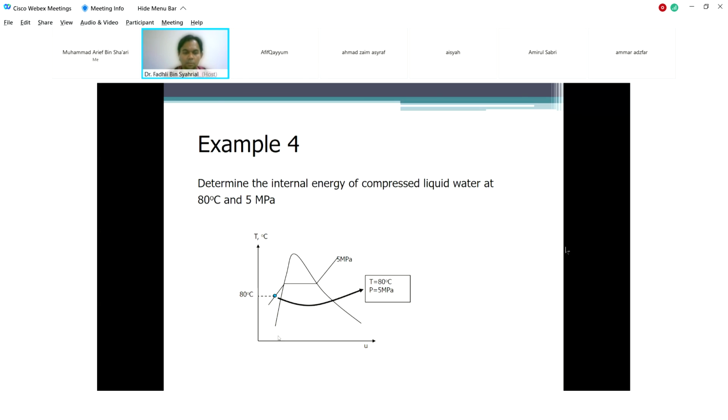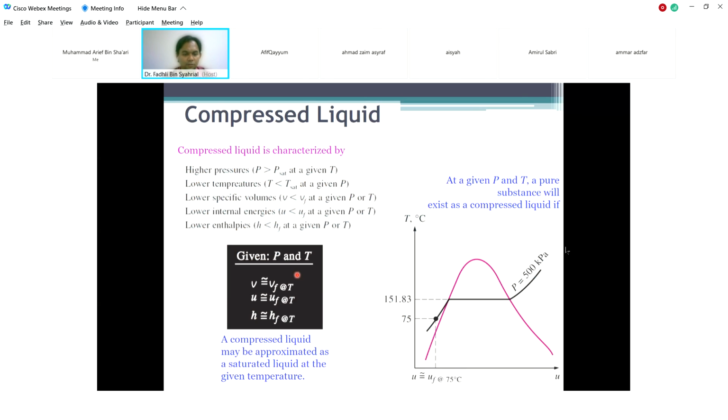By using this formula, the U for compressed liquid can be approximated as UF at the given temperature. So find UF at the given temperature, 80 degrees C. The given temperature is 80 degrees C, right? So look at the temperature table, table A4.